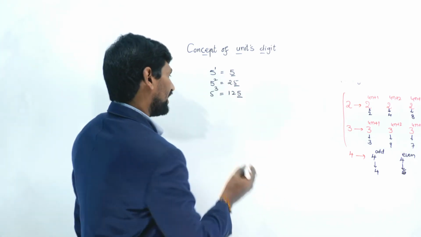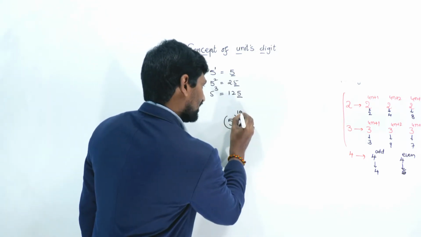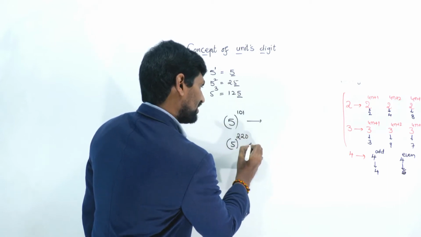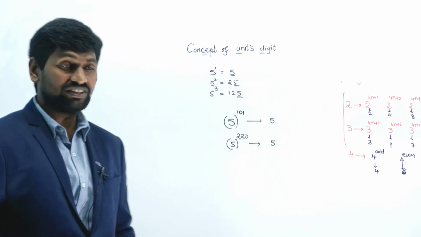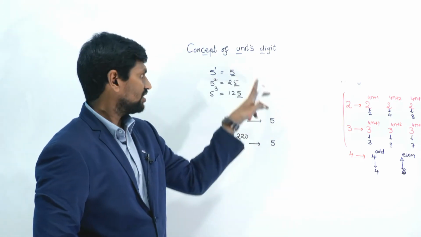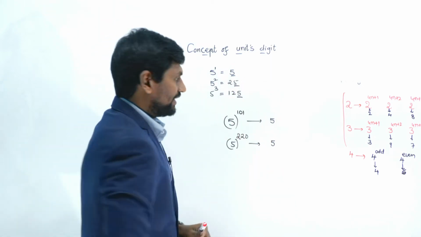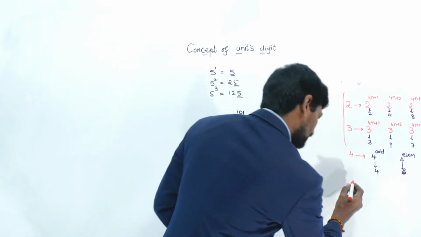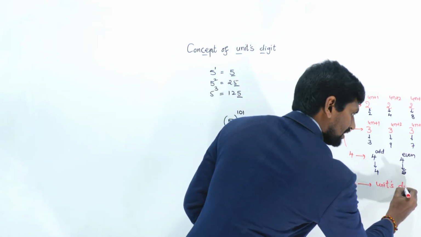That means if you take any power of 5, whether the power is even or odd, it always ends with the digit 5 itself. So 5 power anything, any number you take, definitely ends with the digit 5. Okay? The units digit of 5 power anything is 5 only.